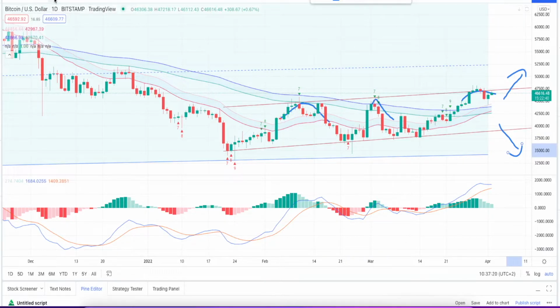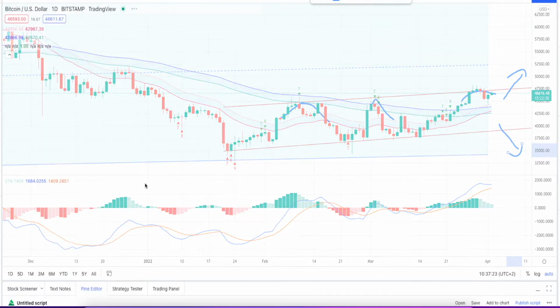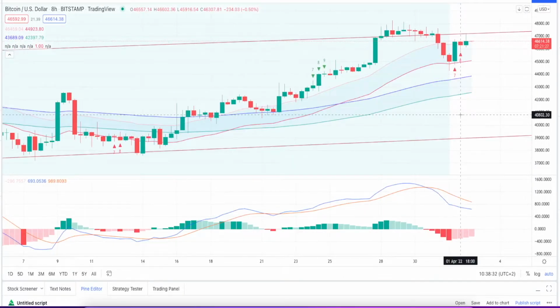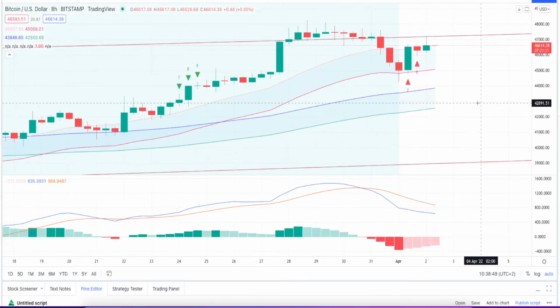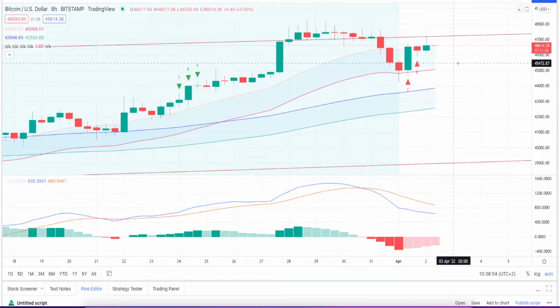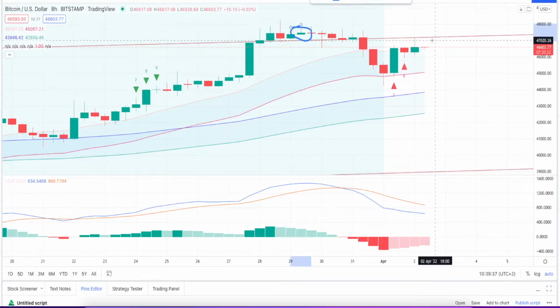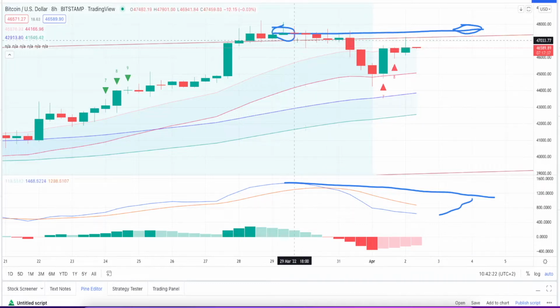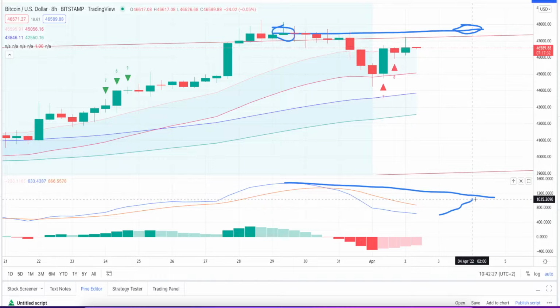So now let's take a look at the 8-hour chart, where we can pay attention to in the next few weeks or next few days, depending on how price movement will be. The important point in the 8-hour chart is that here is the previous high. When the price gets a higher high and MACD gets a lower high, that means we will have a top divergence.